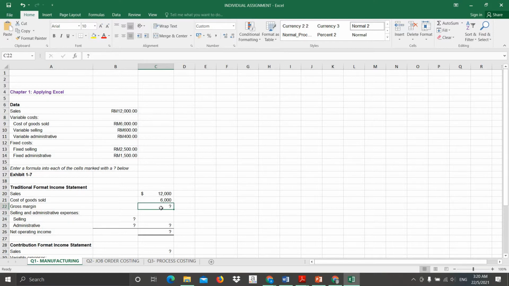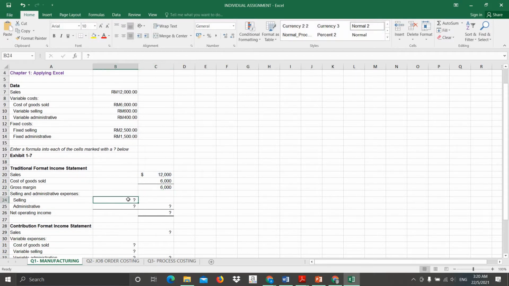To calculate gross margin, we need to minus sales with cost of goods sold. For selling, we need to add variable selling with fixed selling together, as well as the administrative expenses.